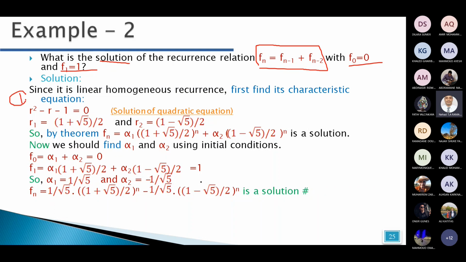What's the characteristic equation? R power k, which is here, it's 2. So R power 2 minus R power 1, minus 1 equals 0. This is the characteristic equation.